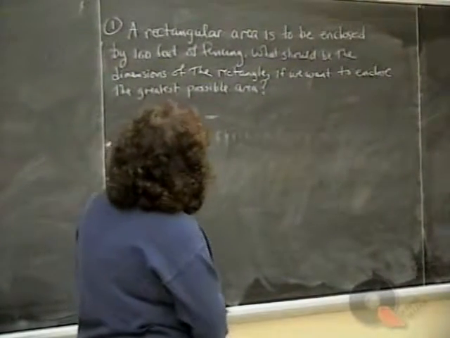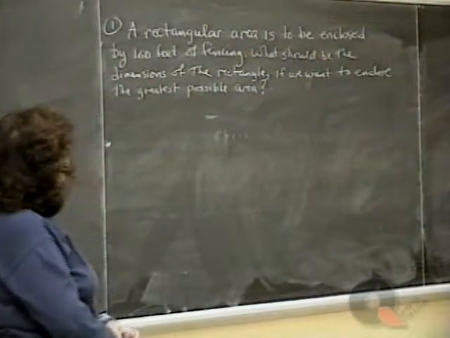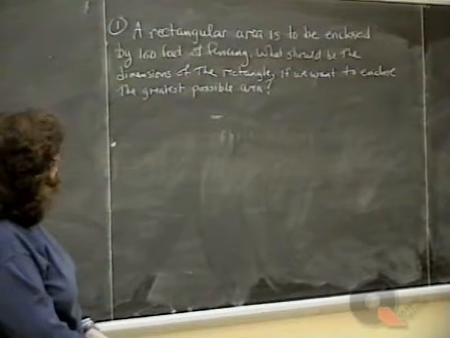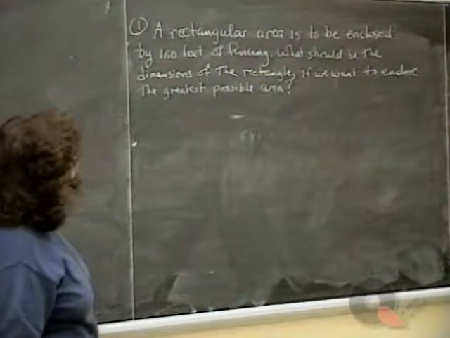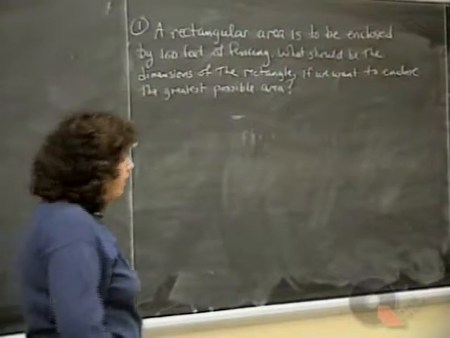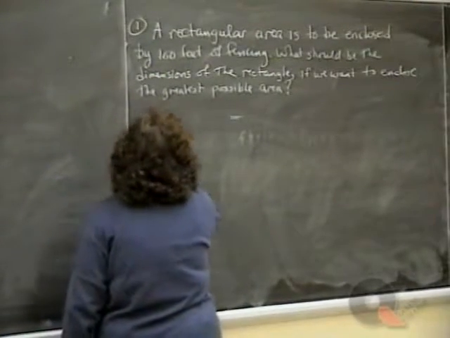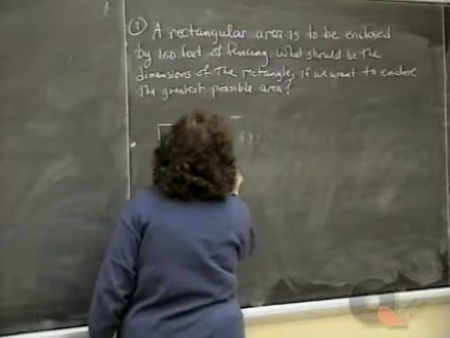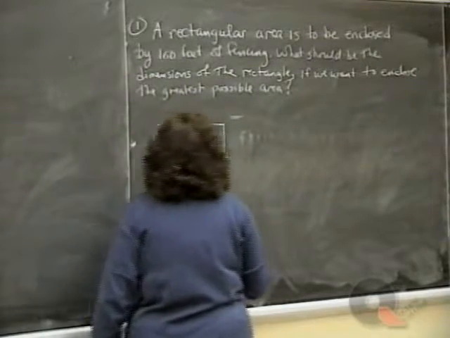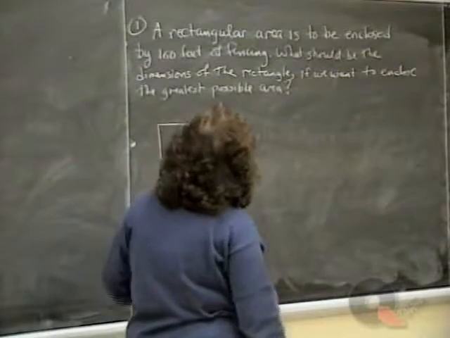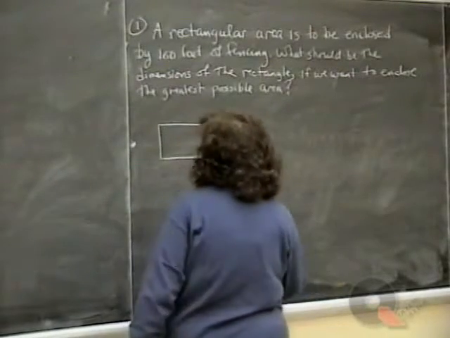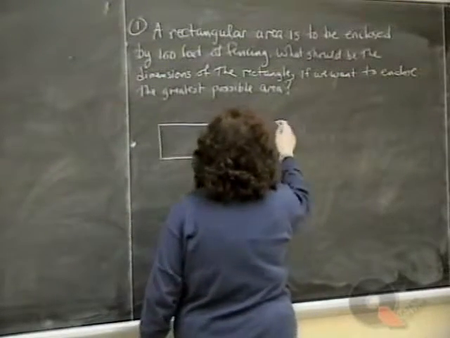Okay, this is basically a problem of trying to maximize an area subject to a fixed perimeter. Let's see if we understand the problem. We have a rectangular region. There are various rectangles that we can make with 100 feet of fencing.